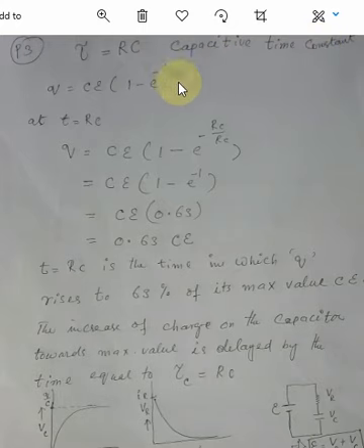Now what happens if we put t equal to RC in this circuit? Let's see that at t equal to RC, this t will be replaced by RC, so it will get cancelled and we will get 1 over here. So e raised to the power minus 1 has a certain value, and if we subtract it from 1, you will get 0.63.